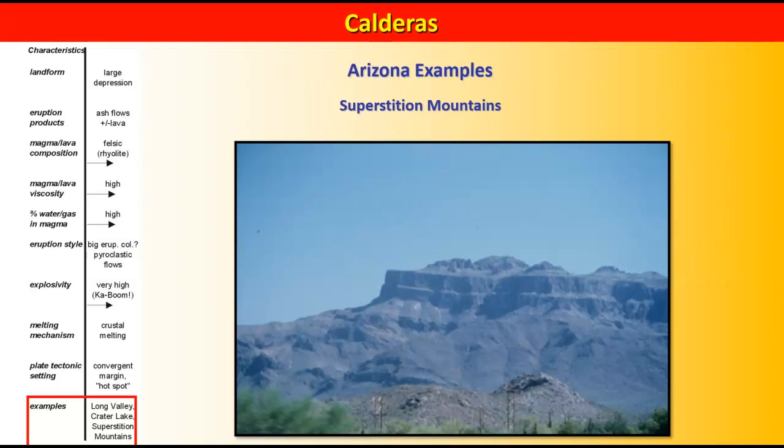Why? Because this thing blew its top, exploded, obliterated most of the features associated with a nice, steep-sided volcano, and collapsed into itself and formed this rugged terrain. Of course, it's been beat up too because it's 17 million years old. But these are layers of ash deposits that exploded out and fell back down and formed these layers. This is the remnants.